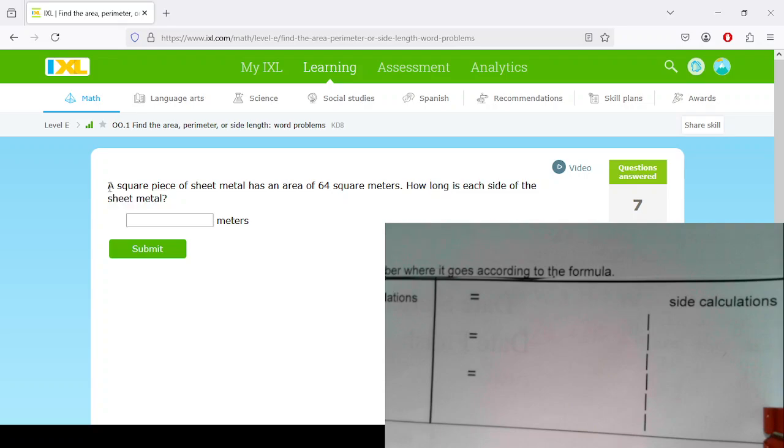So let's see. A square piece of sheet metal, so I know that I'm dealing with a square, has an area of 64 square meters. So because I'm told the area, I know that I'm not going to use the perimeter relationship. I am going to use the area formula.